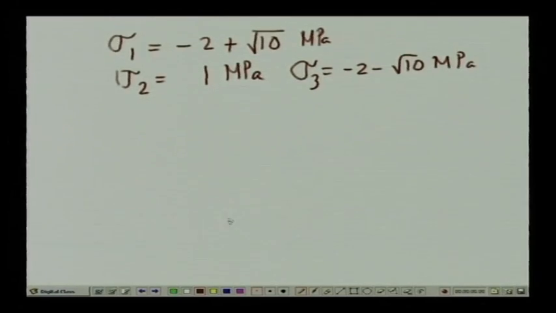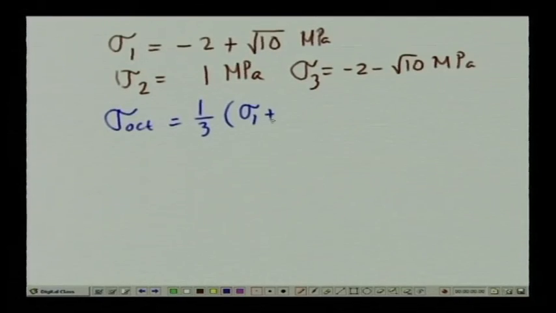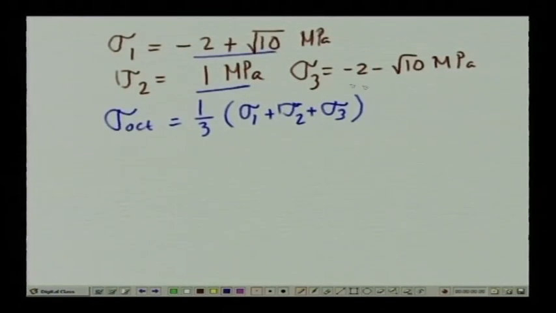Now, as we have seen in the beginning itself, the value of sigma octahedral is equal to 1/3 of sigma 1 plus sigma 2 plus sigma 3. Here the values of sigma 1, sigma 2 and sigma 3 are given.